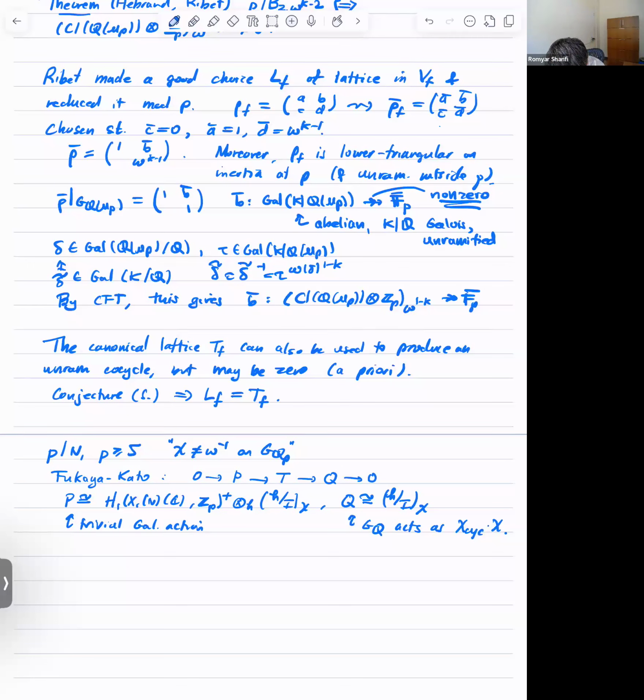Now the key point is the sequence. This is a sequence of H mod I G_Q modules. The sequence is locally split at all l dividing N. Just from the fact that you have an exact sequence, and this one is free of rank 1, and I should say these isomorphisms are canonical isomorphisms.